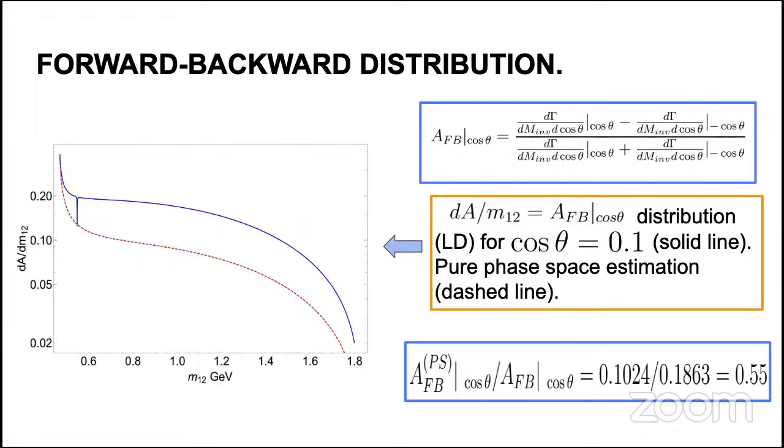If we take it at cos theta equals 0.1, in the graphic we have the blue line for the long distance, and the dashed line considering only the phase. As we can see, in this case it was taken for all values of the phase delta rho phi.